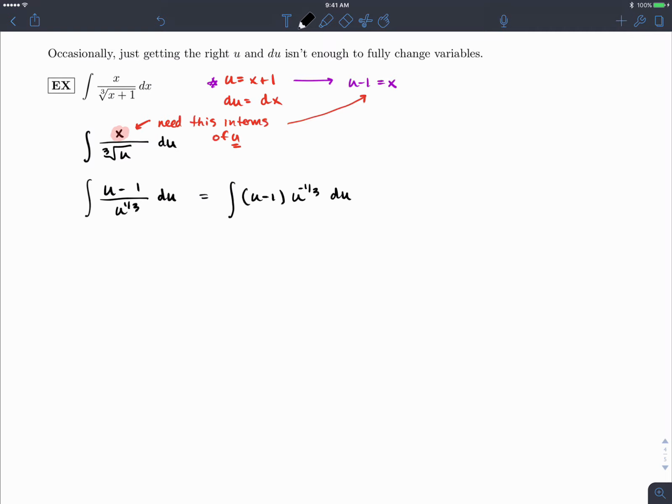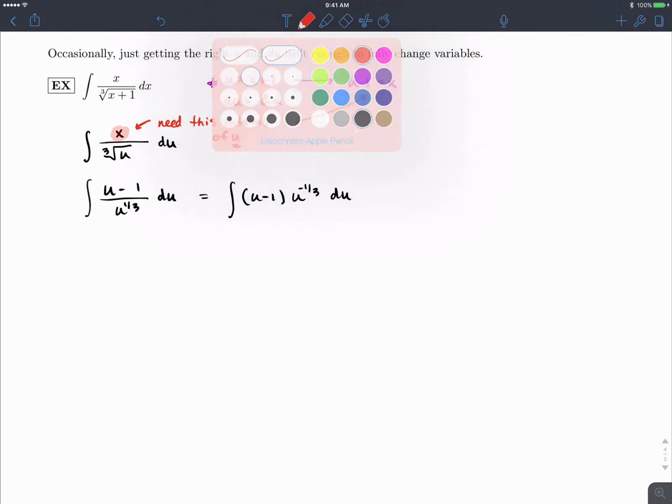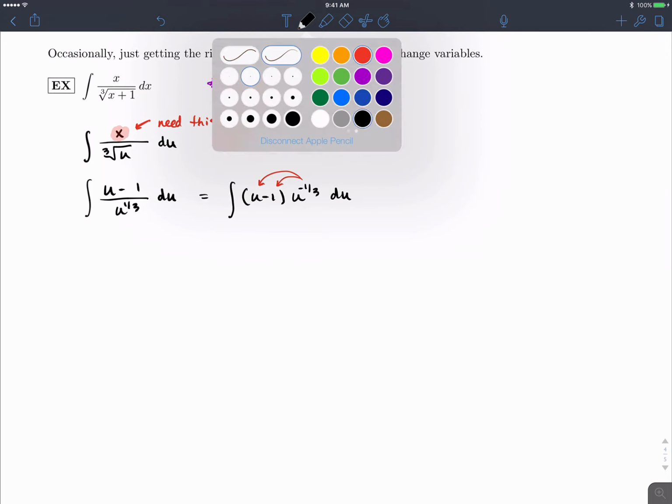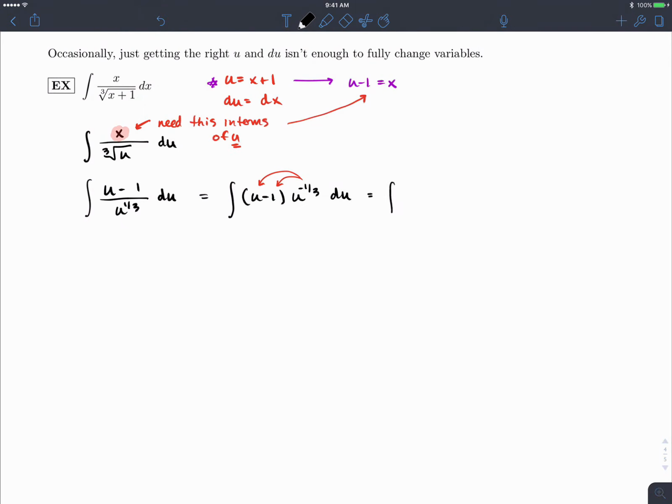And since these are just terms that we can multiply together, if I was to take this u to the negative 1/3 and distribute it to the u and the negative 1, then we've got the integral of, when we multiply we add exponents, so u to the power of 1 times u to the negative 1/3 gives us u to the power of 2/3, and then negative 1 times u to the negative 1/3 is just going to be negative u to the negative 1/3 du.